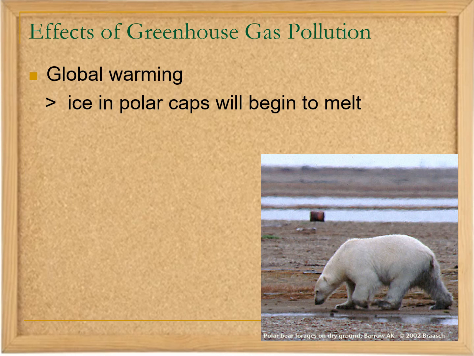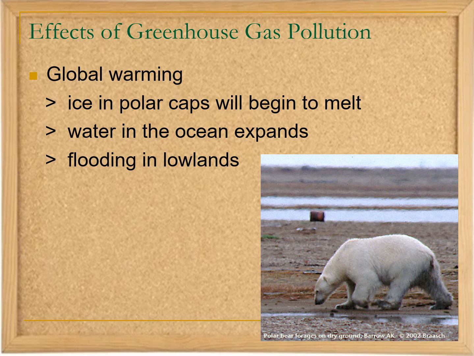And then the water in the ocean expands, meaning the ocean level is getting higher because the ice is melting in your North Pole and South Pole. And of course, as the ocean gets higher, some of the lowland areas are getting flooded.